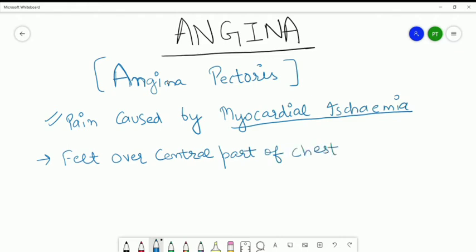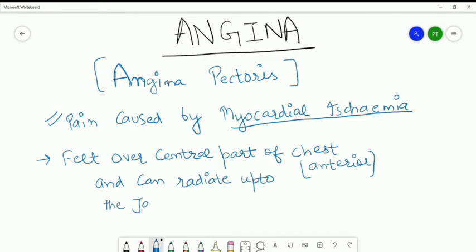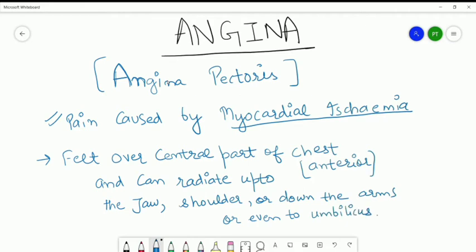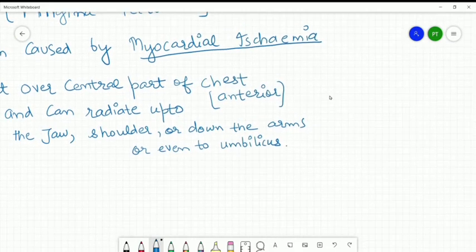and it is felt over the central part of the anterior chest, and can radiate up to the jaws. It can radiate to the jaws, to the shoulders, or down the arms, or it can even radiate to the umbilicus.